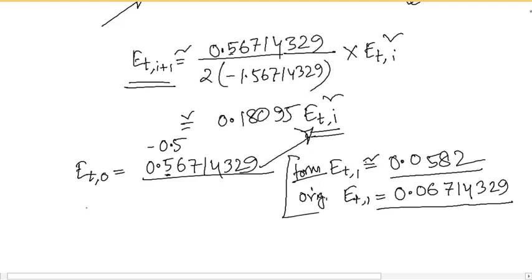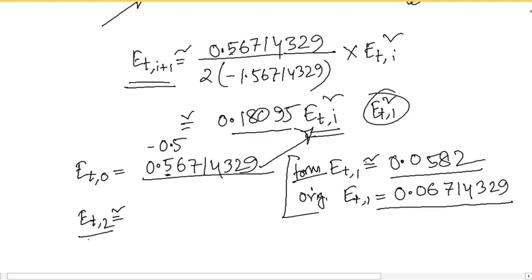Again, if you want to know the approximate value of the second iteration using this formula, you will have to put the E_t1 square value here, multiplied with 0.18095.